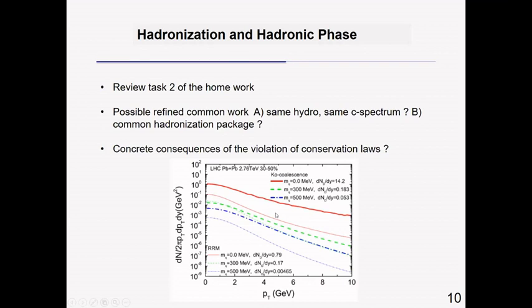No, I mean, the comparison shows that when the mass is around 300 MeV, I don't know which one is the charm mass, you get very close. Of course, also with the yield. When you go in the tail, you start to see a difference. However, this is not really a calculation in a box in equilibrium.